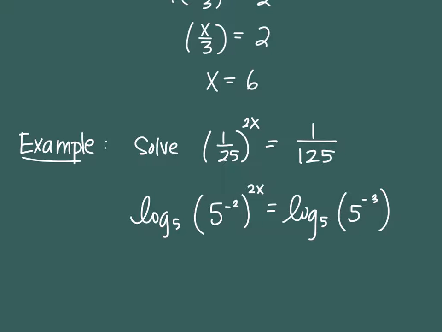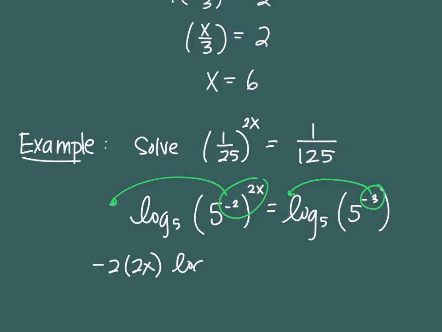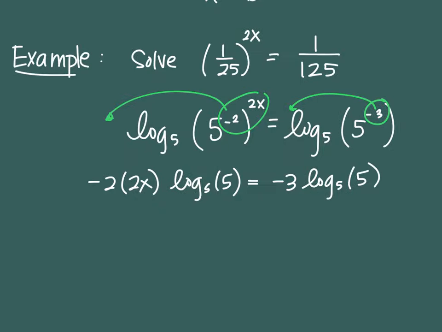That allows me to pull both of the powers to the front. So I'll have -2 and 2x pulled out in front of log base 5 of 5, and I'll have -3 pulled out in front of log base 5 of 5.